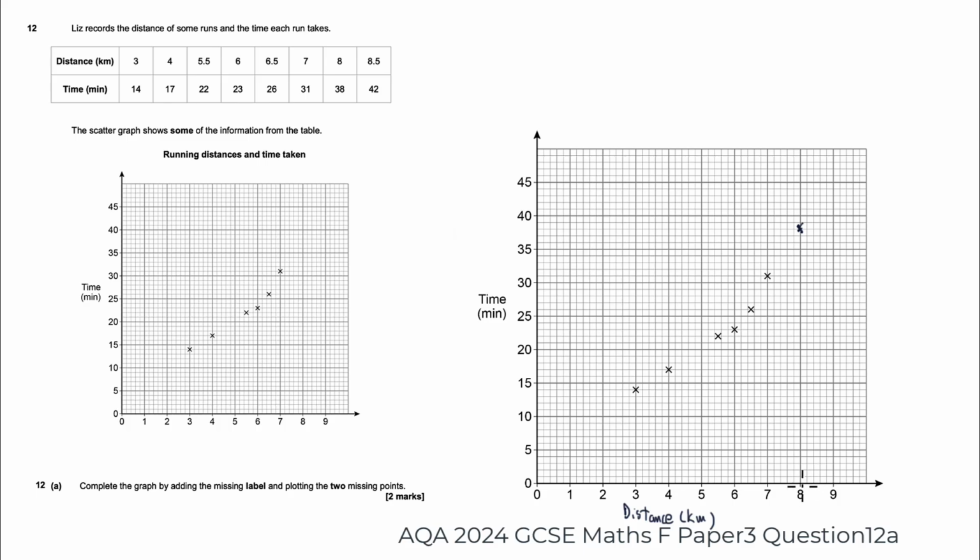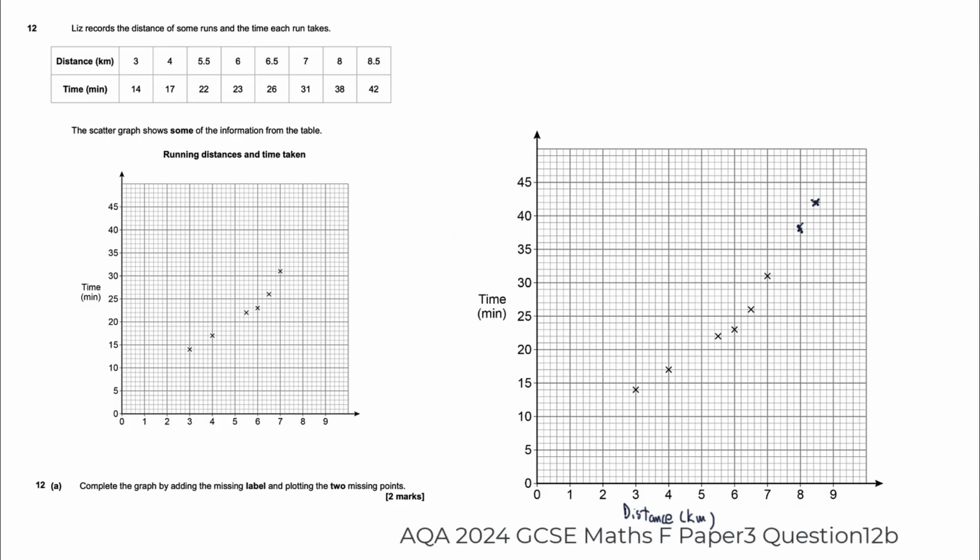So in this case, there's 5 squares, so 2.5 squares would be the appropriate one. So I'm up at 2.5 squares on the 40 line, 41, 42. So it's at that point there that I put my cross. And that's the completed scatter diagram.